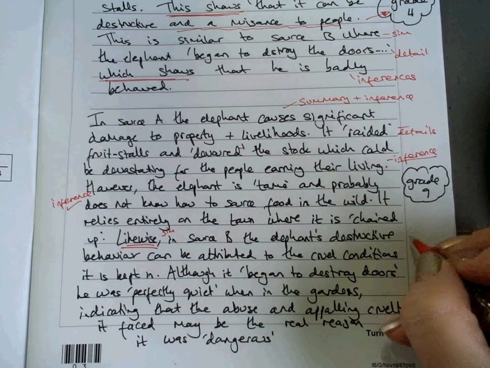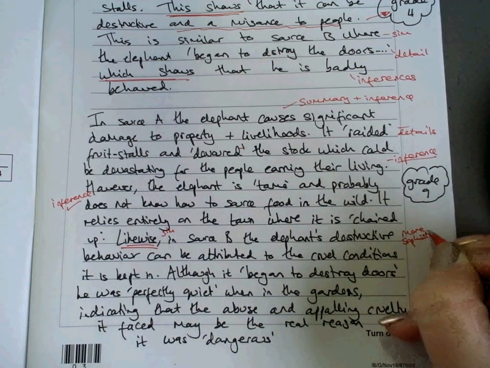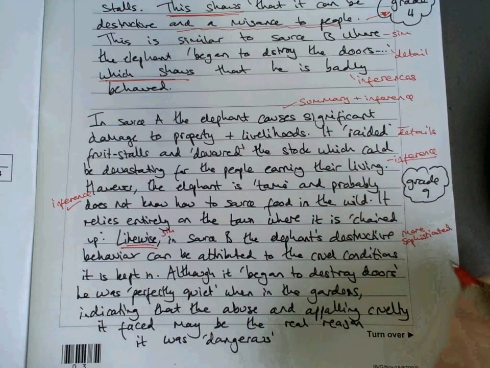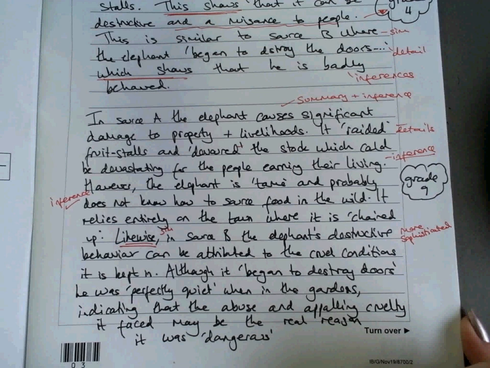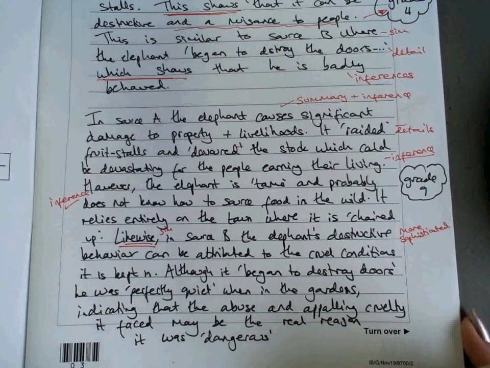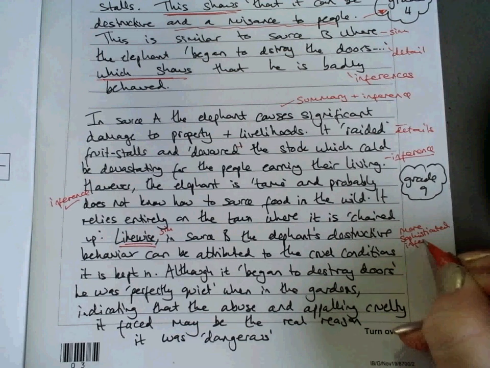So this similarity is a bit more sophisticated. I'm not just going, that one's destructive and so is this one. I've read between the lines and gone, actually, it's the conditions, it's the fact that it's treated with cruelty and kept in conditions that are cruel. That's the reason. So it's a more sophisticated inference.